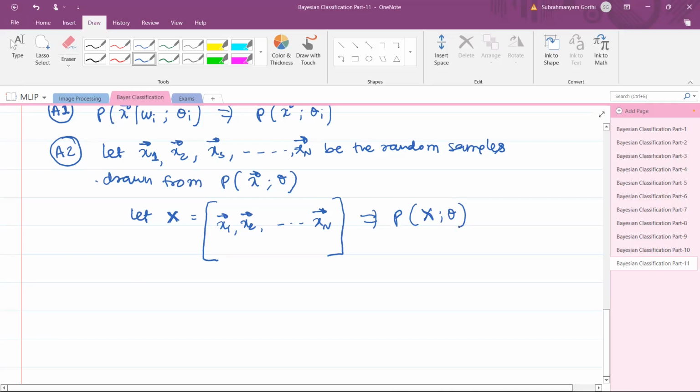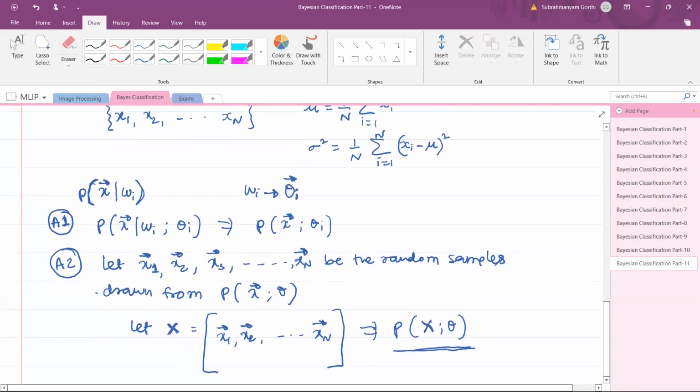This is what I could write as the likelihood function, where I am putting all n samples in one go. The actual distribution I don't have, but all I have are the samples drawn from that distribution, so I'm writing it as the probability of x comma theta. It is from here I would like to make some estimation of the parameters.